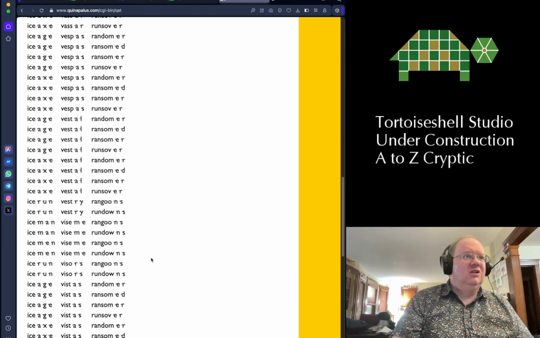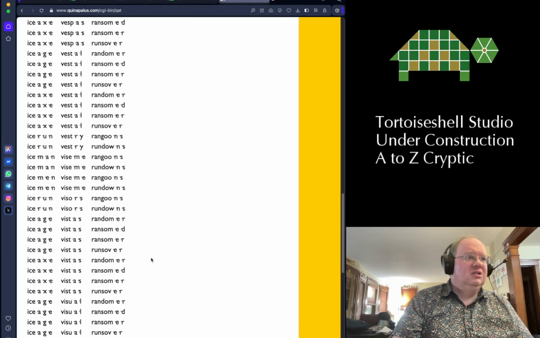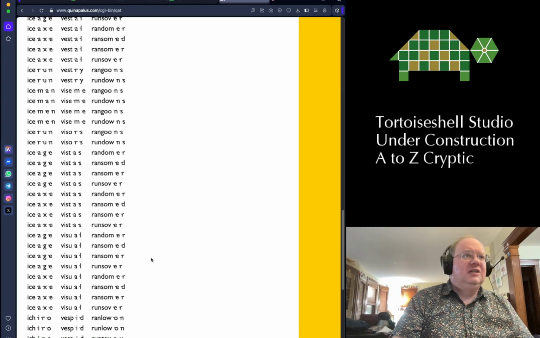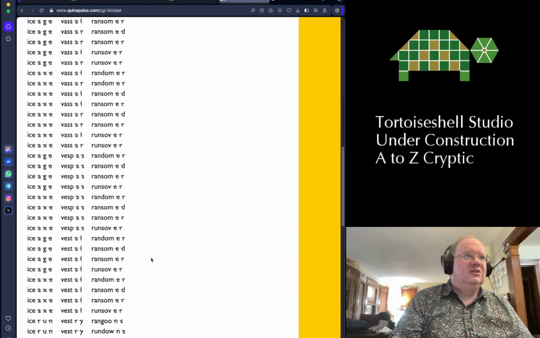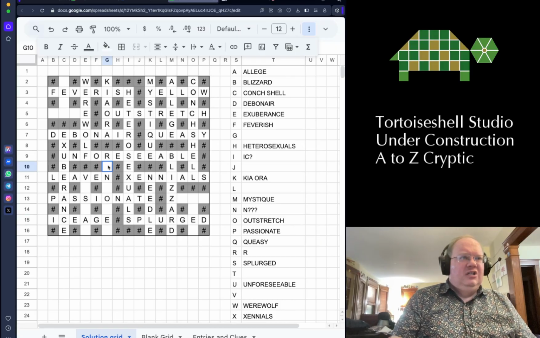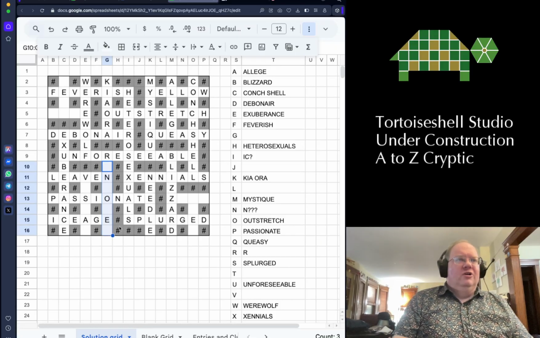Or runs over. So I think Ice Age is good there. Don't know whether I want ransomed or runs over.